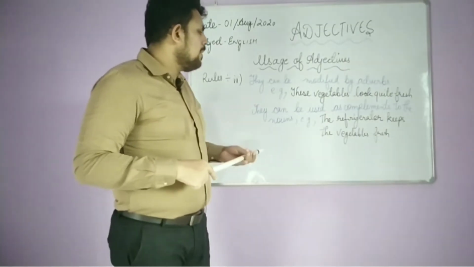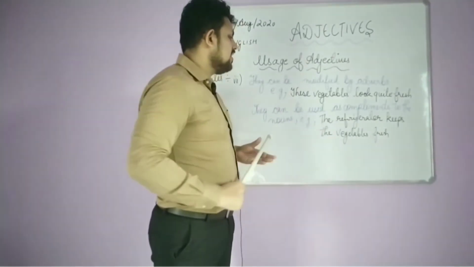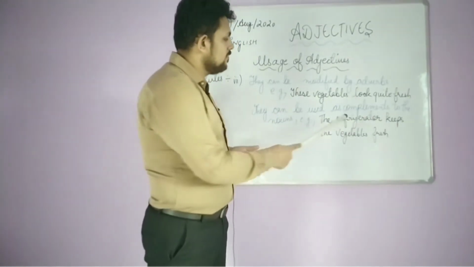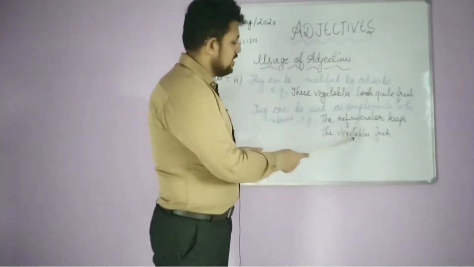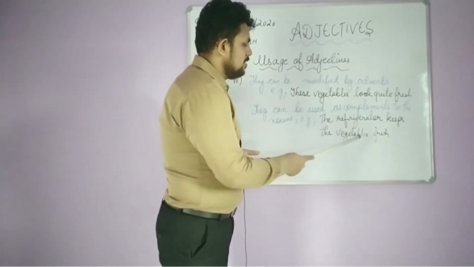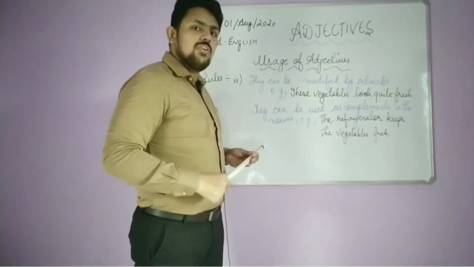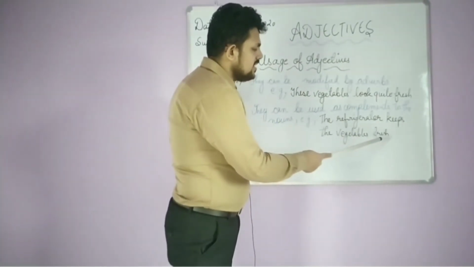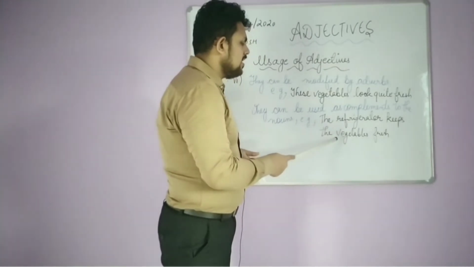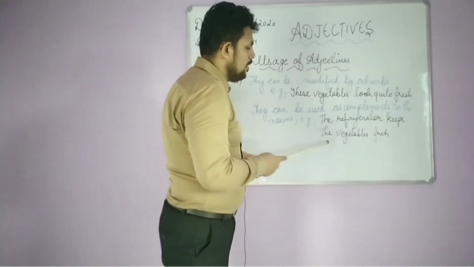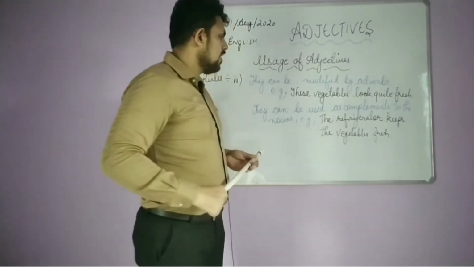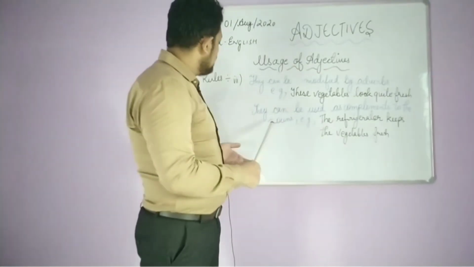It is complementing the noun, that with the help of the refrigerator it is keeping the vegetables fresh. So the quality is achieved by keeping the noun, by complementing the noun. Okay, so it is the fourth rule.